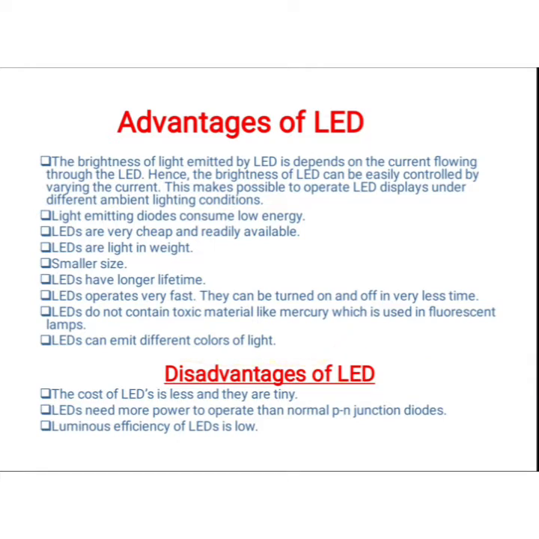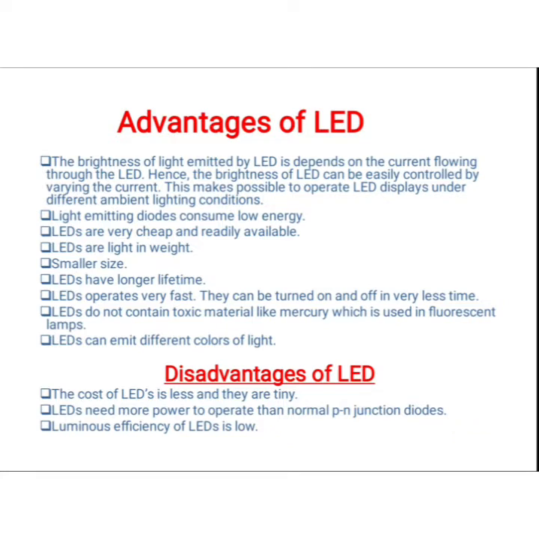Disadvantages: LED size is very small. If we need more brightness, more LEDs are required, whereas with the old bulbs, one bulb is enough. If you want more brightness using LEDs, we need more LEDs. So the size matters here. Tiny size is one disadvantage. And LED requires more power to be operated compared to a PN junction diode.